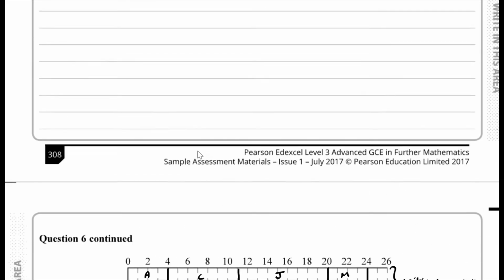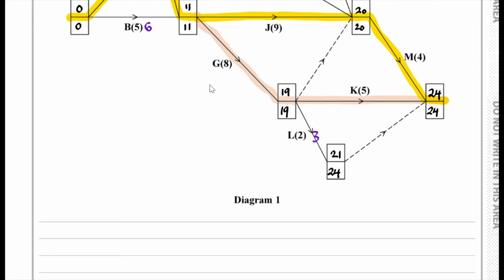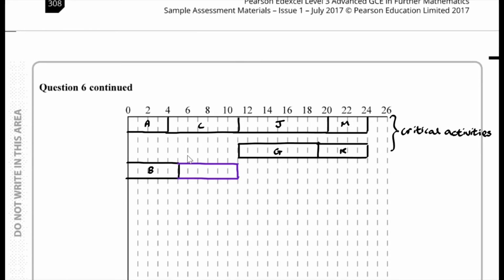So I'll just clean that up a bit. So D, that starts after A, and that has a duration of 9. Sorry, it starts after A is complete. And then it has a duration of 9, which takes us up to 13. Okay, so 13 is over here.